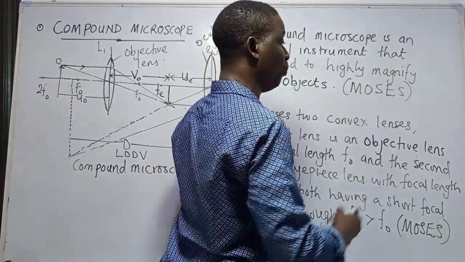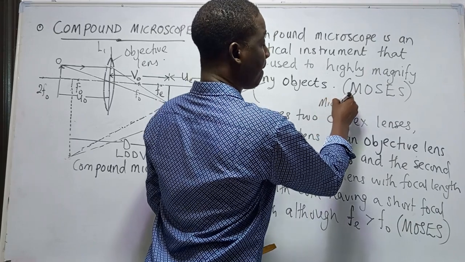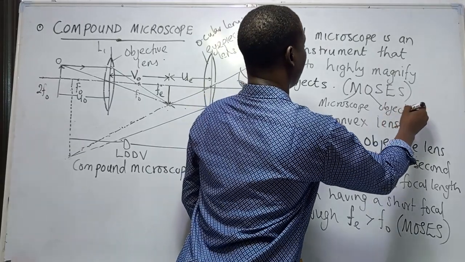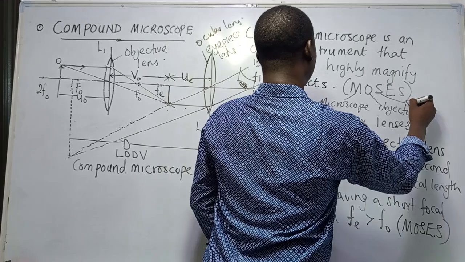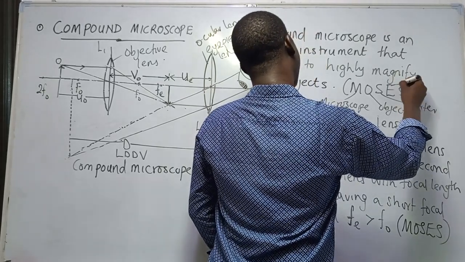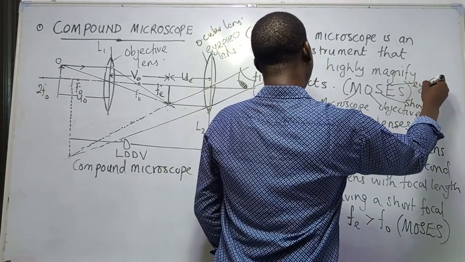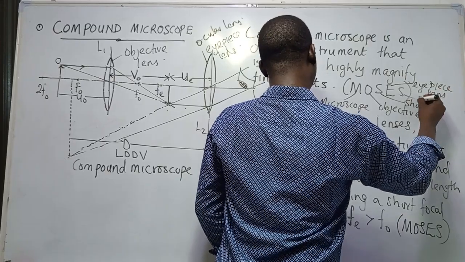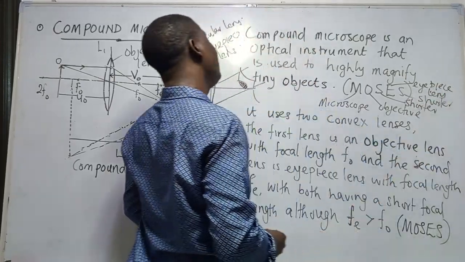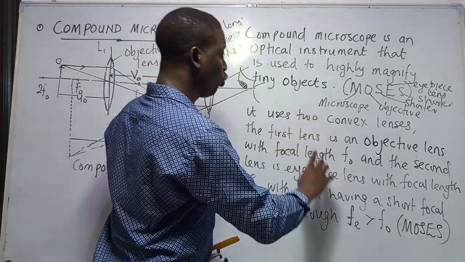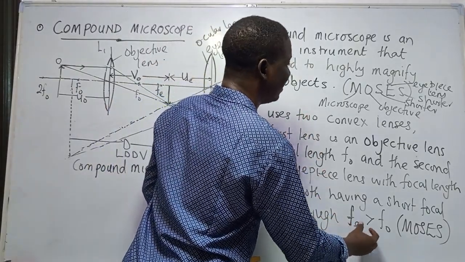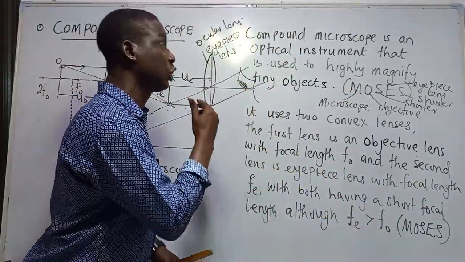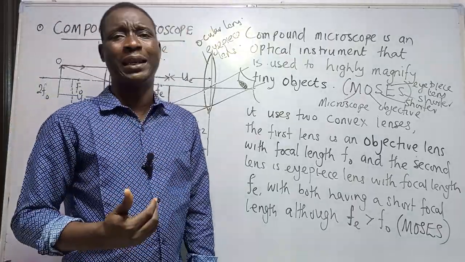M means microscope, O is objective length, S is shorter, then eyepiece length shorter. So even though the eyepiece focal length is higher than the objective focal length, the two of them are still short focal length.